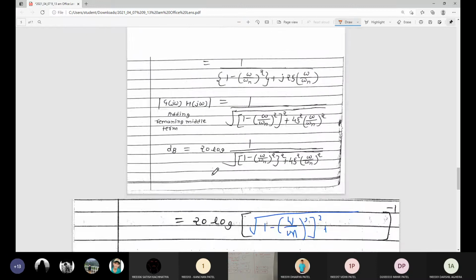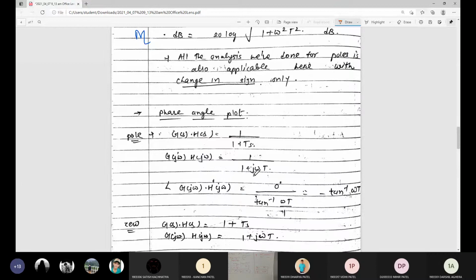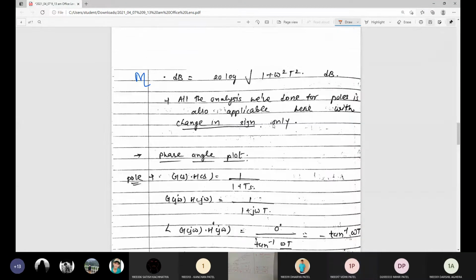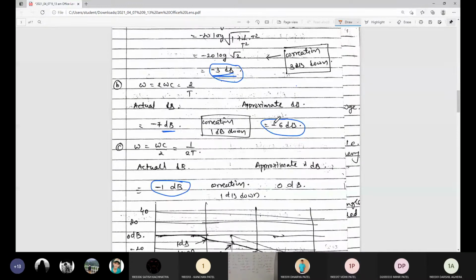So how many factors are there? Total 7 factors. First factor, K. Second is pole at origin.